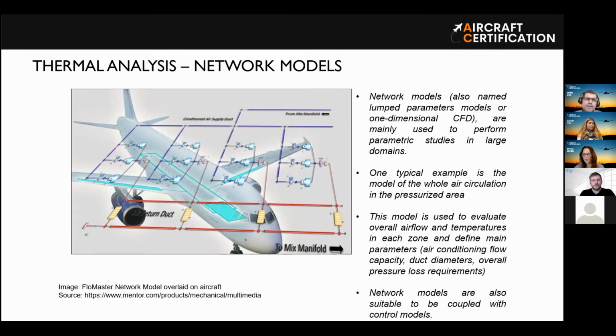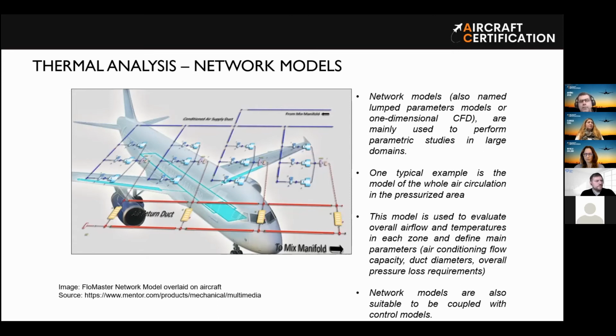Okay, so this type of model is not so complicated in terms of physics. They are basically things that we learn how to do in the university. But the point is that those models are quite useful, even if they are relatively simple in terms of physics.